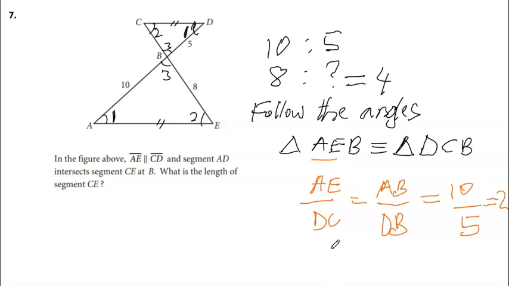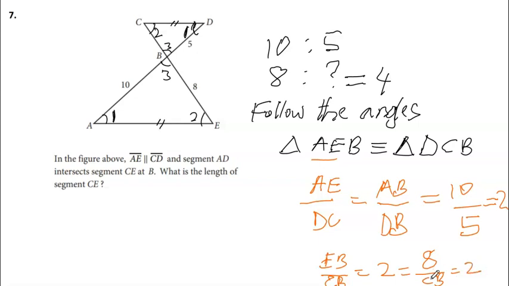Follow the angle. So here I will say EB over CB or BC is also equal to 2. So in this, I know EB to be 8, and I want to find CB.